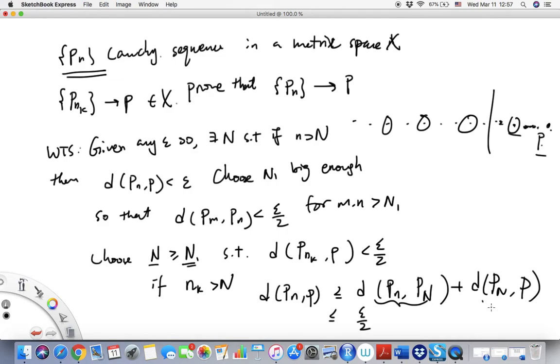And the second is also less than epsilon over 2 because of the choice of nk. So you put them together, this is less than epsilon. Okay, next problem.